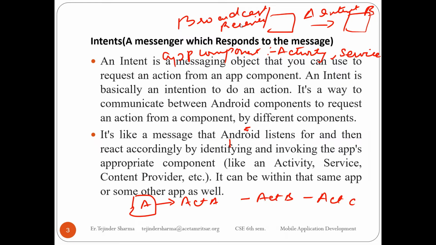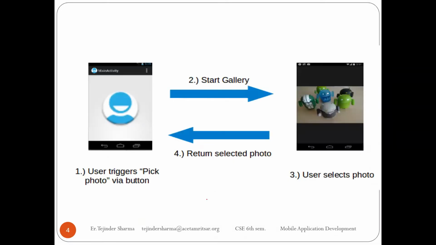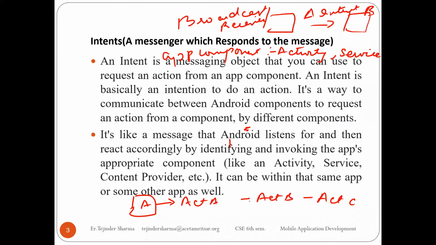Now, which activity do I want as the first activity to be opened whenever my application launches? Suppose this is activity A, which I want to open whenever my application opens. Fine. Whenever I run or install my application on the mobile phone, I want my activity A to be launched.